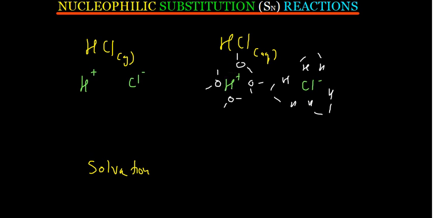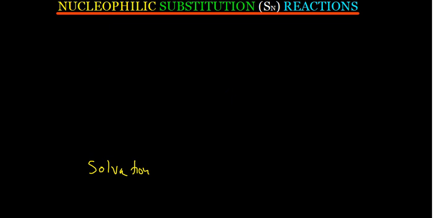And that makes hydrochloric acid in aqueous solution a much stronger acid than hydrogen chloride, which is a gas. So the solvent tells us more about how strong the acid is going to be. In the presence of water, or in an aqueous environment, the acid tends to be much stronger.